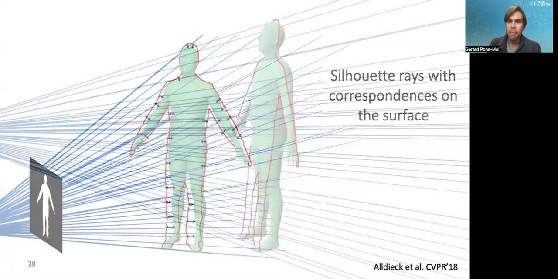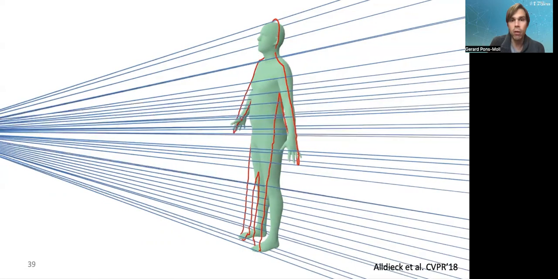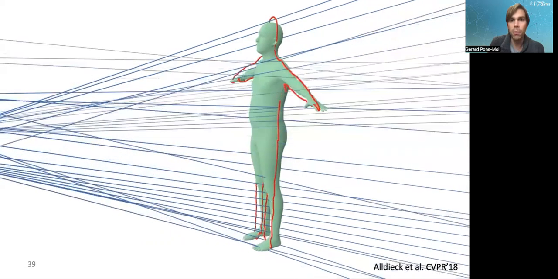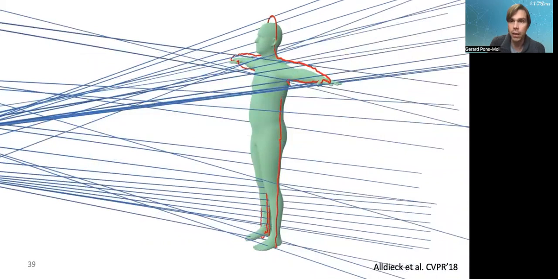So here's the idea. You shoot this ray, associate the ray with the 3D model point, and every 3D model point deforms according to the kinematic chain corresponding to this point, according to the SMPL model. So now the rays are going to deform jointly with the SMPL model. So we are unposing the rays.